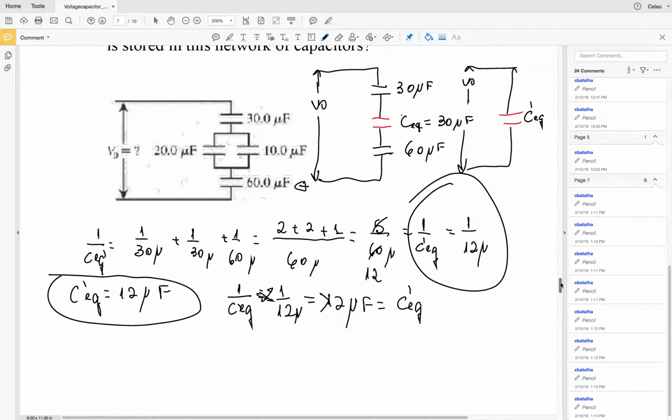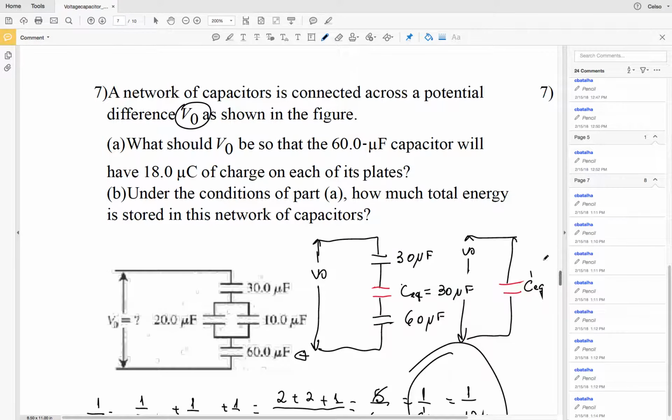Okay. So what should V naught be so that this capacitor will have this much coulomb of charge on each of these plates? So it is saying this 6 microfarad has 18 microcoulomb.